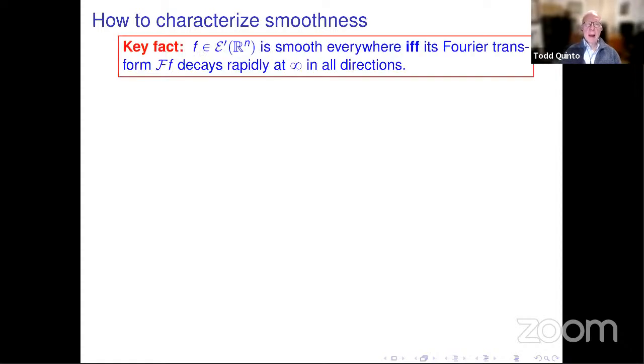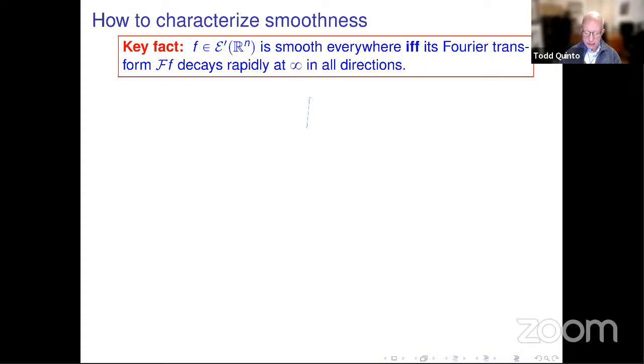Okay. And we're going to use the Fourier transform. So if we have a distribution of compact support, it's going to be smooth everywhere in R^n if and only if its Fourier transform decays rapidly at infinity in all directions.